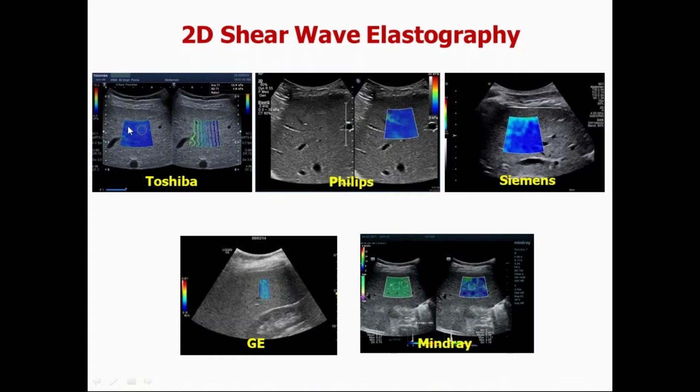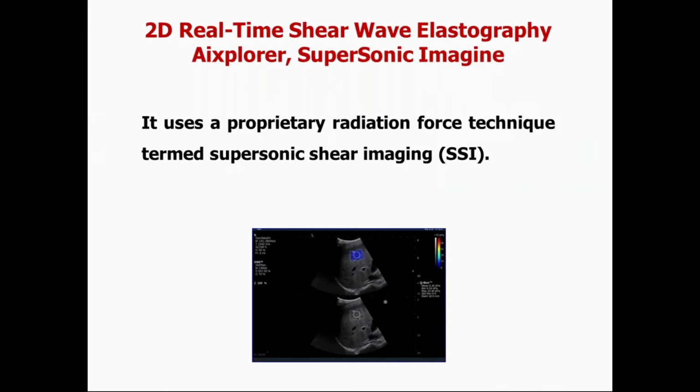The sample box is adjustable by the operator, and measurements are performed using an ROI that is put inside the sample box. Every manufacturer has its own quality factor that should be followed by the operator.